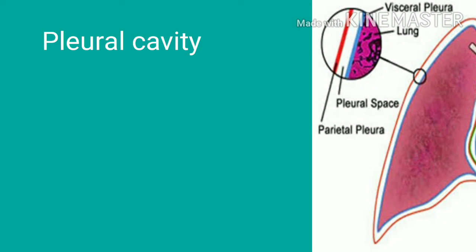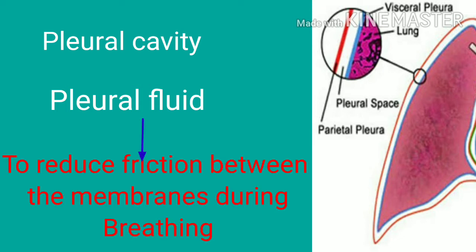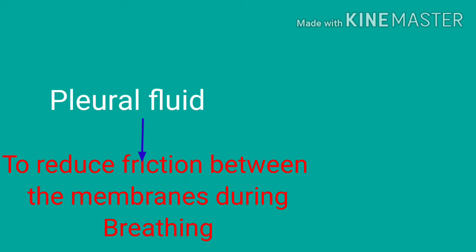The pleural cavity is filled with fluid, called pleural fluid. What is the role of pleural fluid? The pleural fluid reduces friction between the membranes, allowing them to slide easily over one another during breathing.